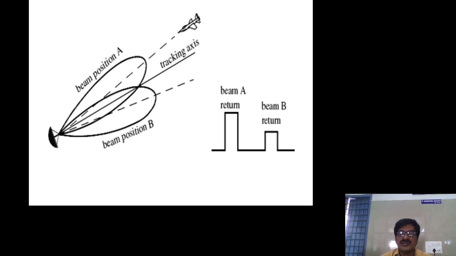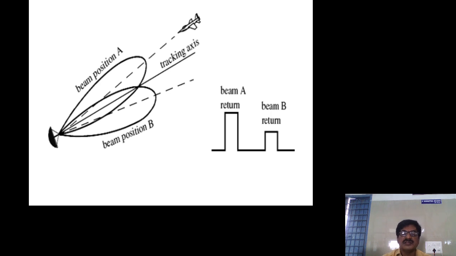The radar system must always see the target on the tracking axis. If there is any deviation, the control mechanism sets the tracking axis correctly in the direction of the target, so that the radar unit can provide the track information about the target.